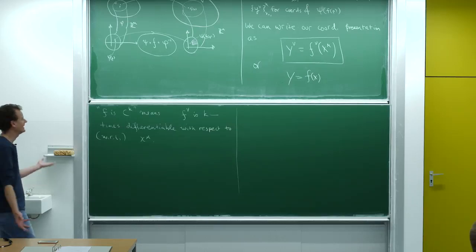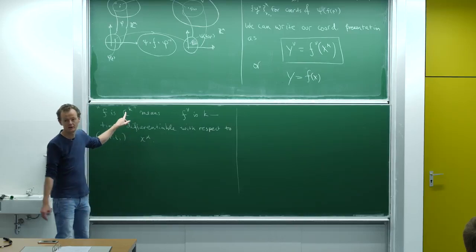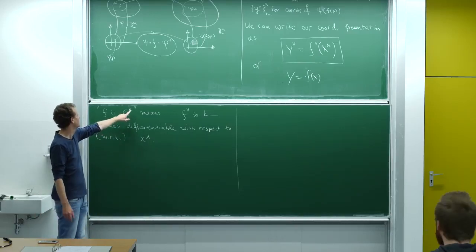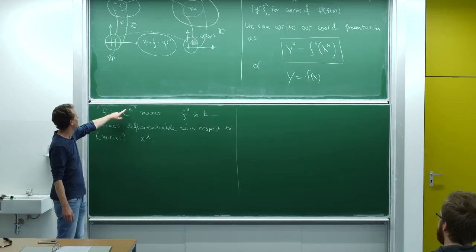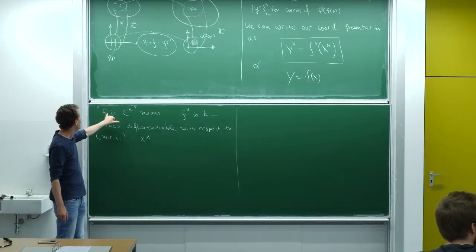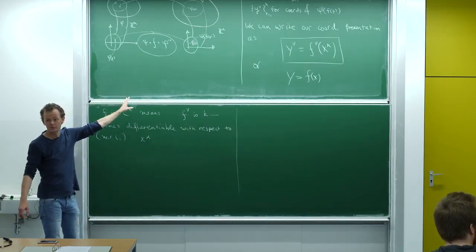That map is said to be k times differentiable, C^k, continuous kth derivative. And what does that mean when f is a map between manifolds and not between Euclidean spaces?